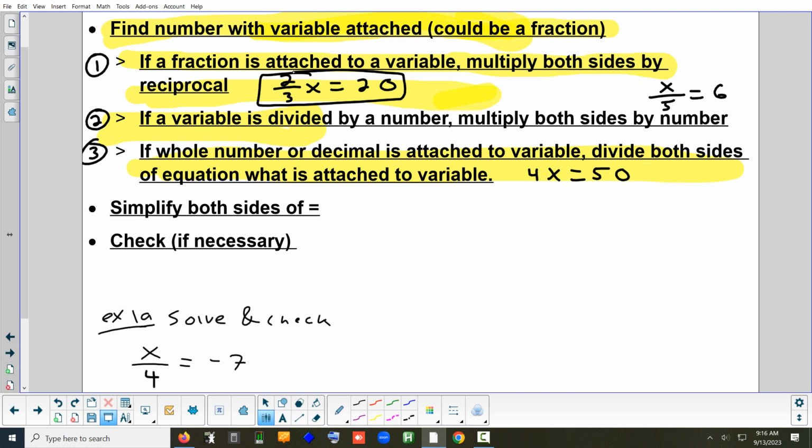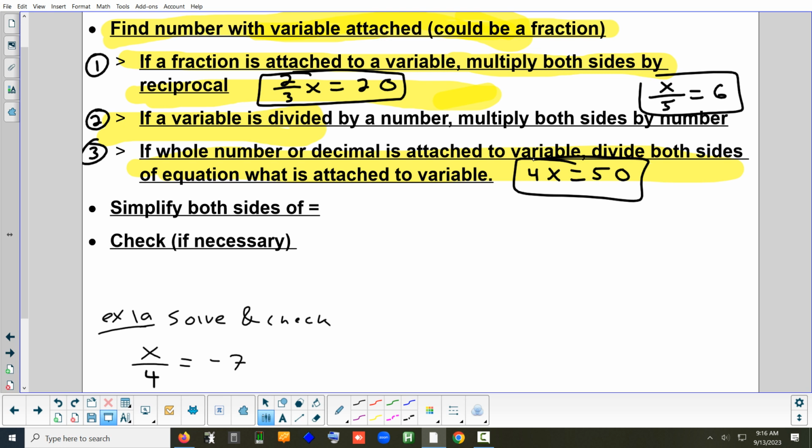Anyone see which one it looks most similar to? You have your 3 examples right here to go by. Yeah, that's most similar to case 2, where you have a letter divided by a number.